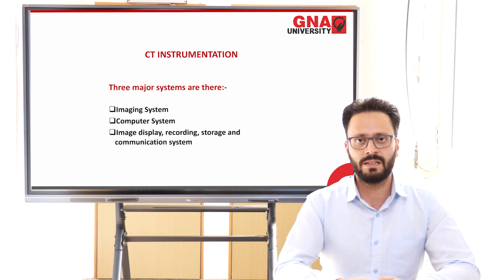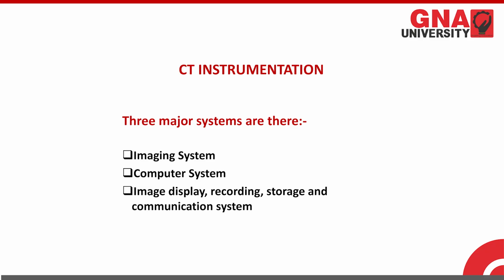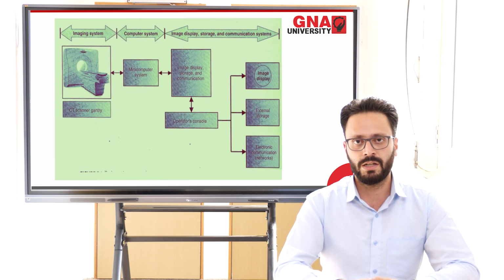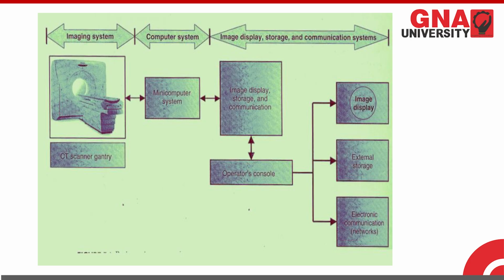As I already said, there are three major components in CT instrumentation. One is the imaging system, second is the computer system, third is the image display, recording, storage and communication system. Here is a diagram showing the three major divisions of CT instrumentation.